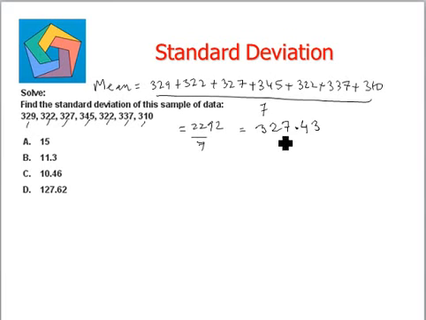Now our step is to find the square difference, that is 329 minus 327.43.